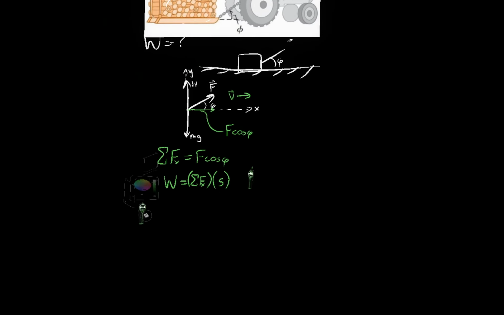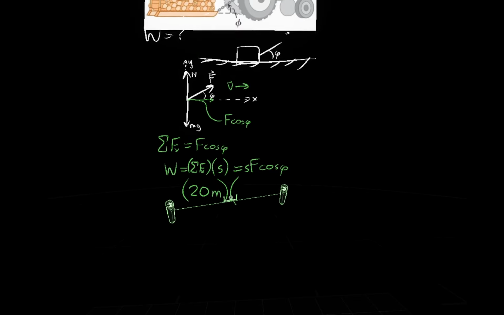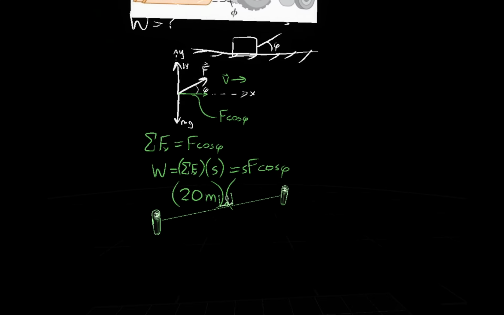So what are our numbers? F cosine phi, with an extra s in there. So s is 20 meters. The magnitude of the force from the tractor is 5,000 newtons.